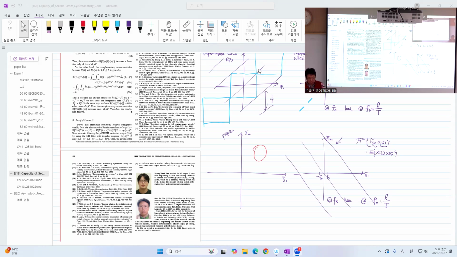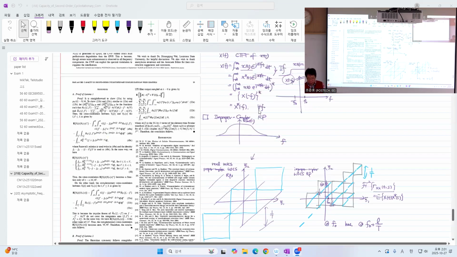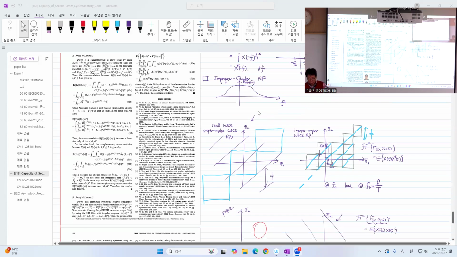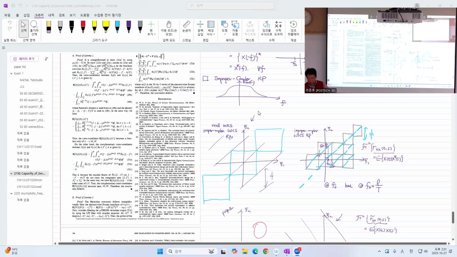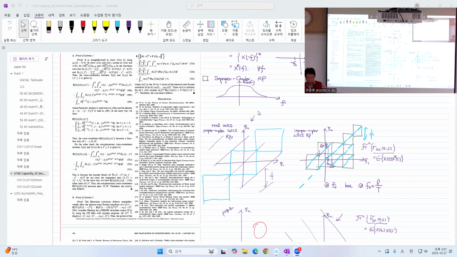Last time we saw something very interesting about the improper complex random processes with period capital T. At that time, I drew two bispectra. One is derived from the ordinary autocorrelation function of the random process, and the other was from the complementary autocorrelation function.